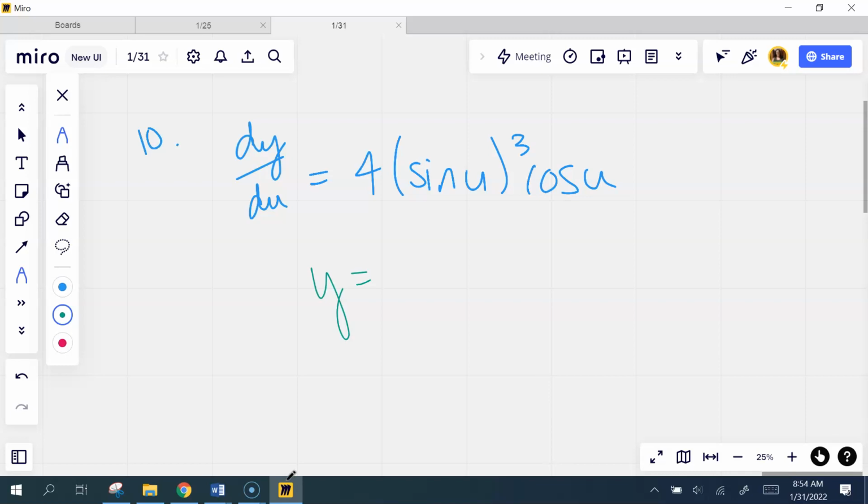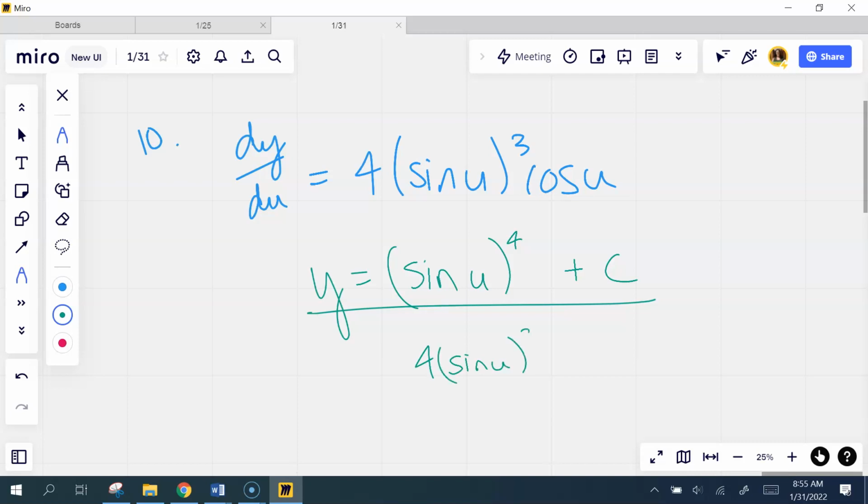Anybody get it? What'd you get? That's exactly right. Make sense? Okay, so we're chain ruling. You're getting derivatives and integrals mixed up. I was looking for the antiderivative. So now if you go through and derive that with the chain rule, 4 sine u.